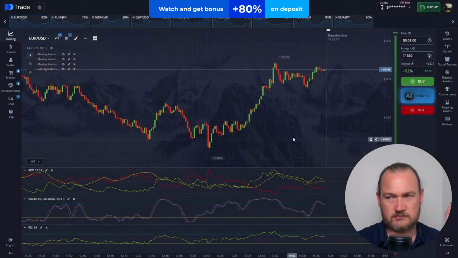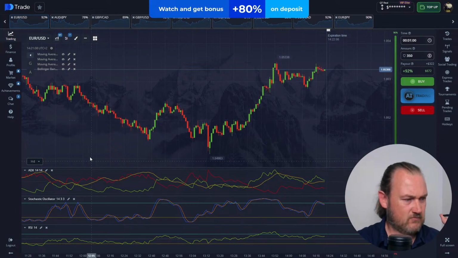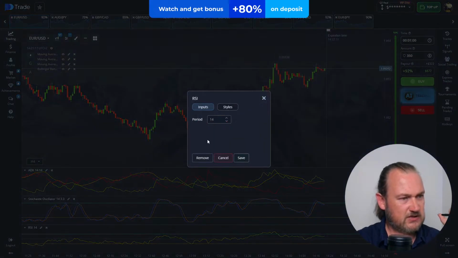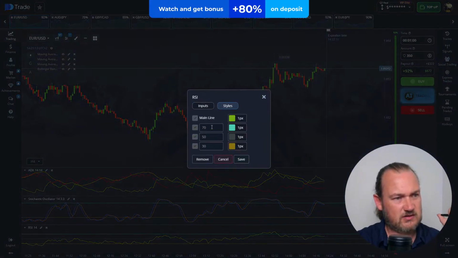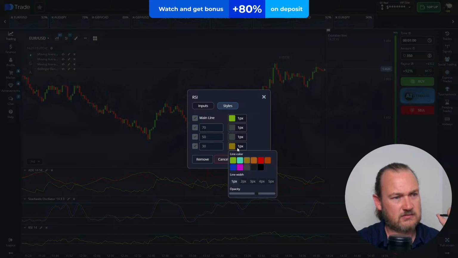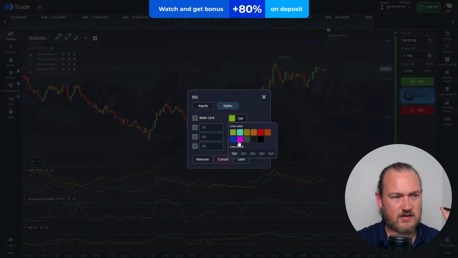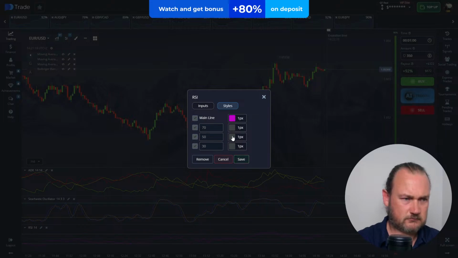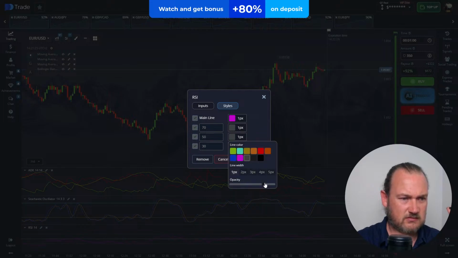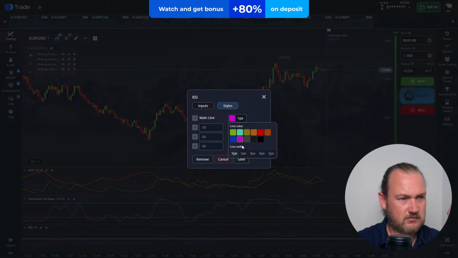Okay. I use the RSI and the ADX when I'm trading. I prefer these three indicators.